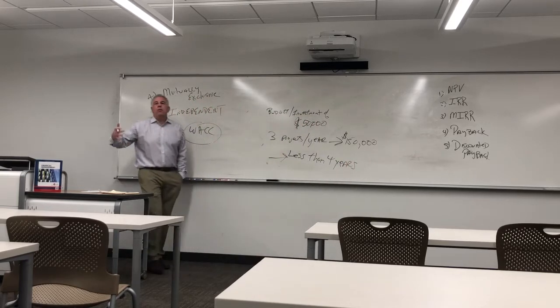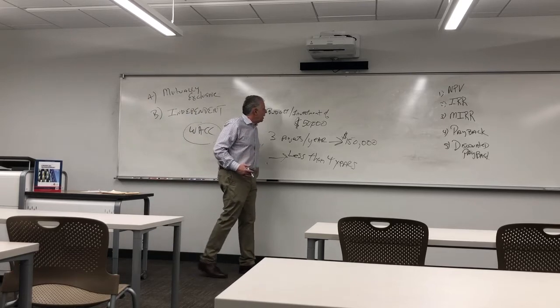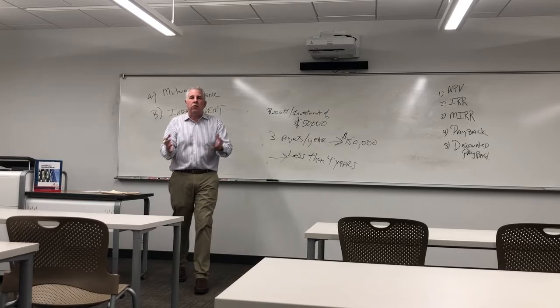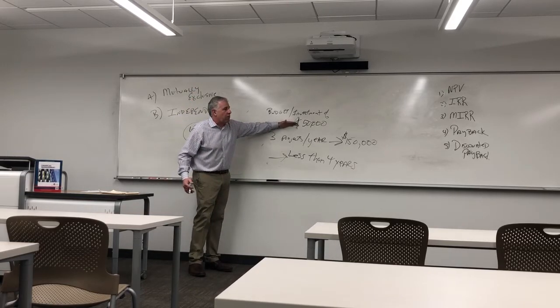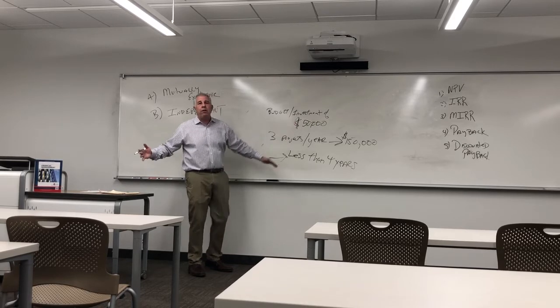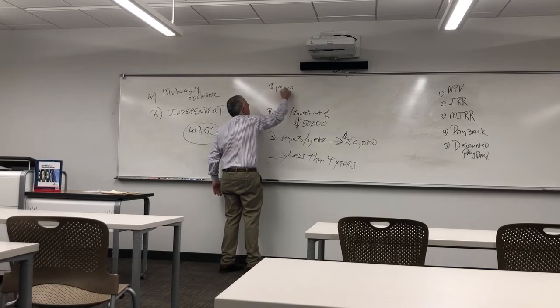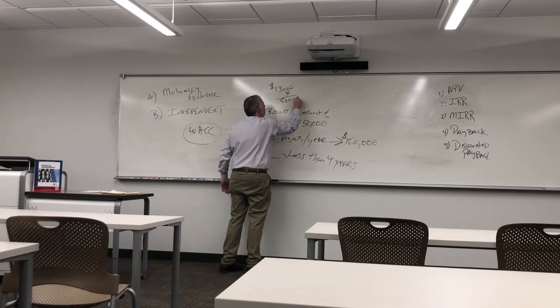This is very easy for the supervisor at the General Motors plant to understand. If they invest 50 grand because they read in an engineering magazine that there's a new machine that would speed up the process, so they buy the machine for 50 grand, will it pay them back in 4 years? So if it's going to generate $13,000 of profit each year, 13,000 times 4 years is 52 grand.